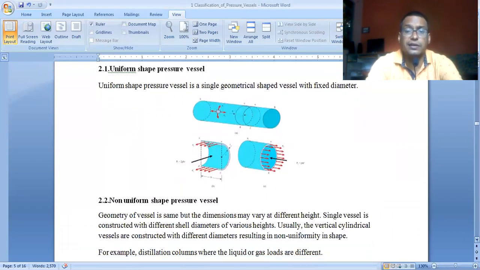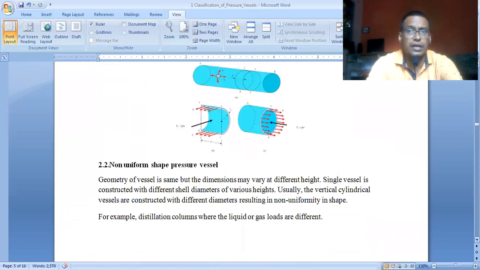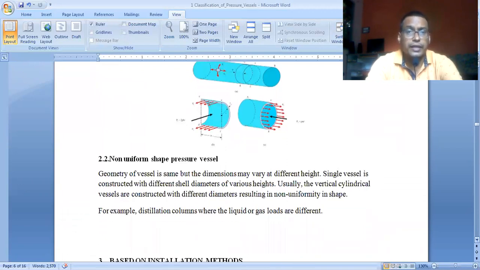However, where different purposes are required, there can be variation in the dimensions. That means the vapor load, in the case of a distillation column of crude oil, the variation in the load is there. There you can have different dimensions, that is, different diameters of the vessel can be used.